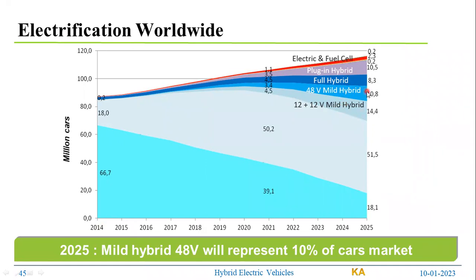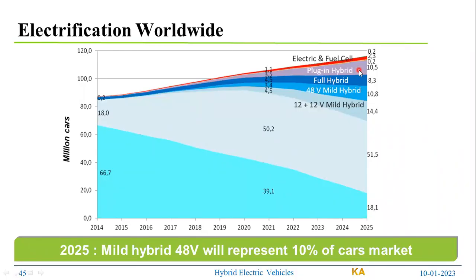There is an estimation that by 2025, 10.8 million cars will be with mild hybrid and 8.3 will be with full hybrid, 10.5 million cars with full hybrid architecture.